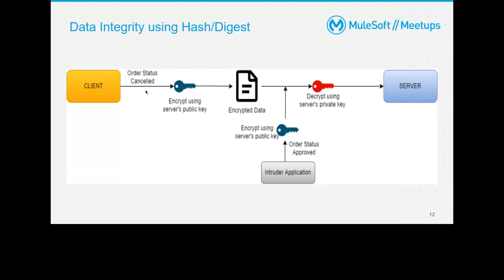Order status cancelled. And what exactly does this hash or digest function take as an input and what does it output? The input of this function is the message that we sent, and what it outputs is an irreversible fixed length digest. If there is a slight change in the message, the digest would be changed.